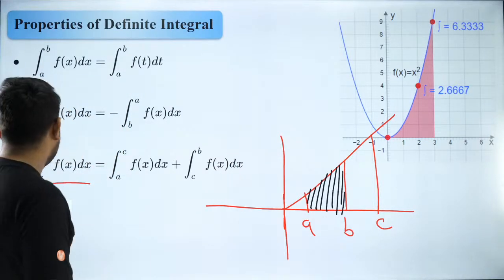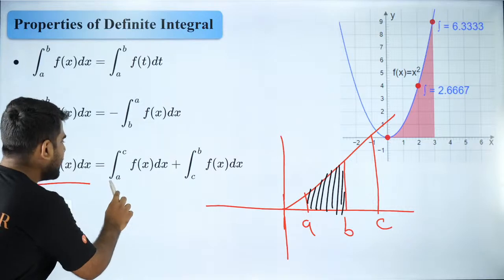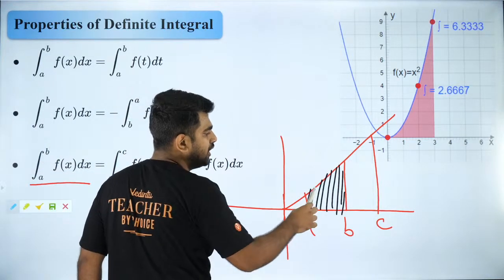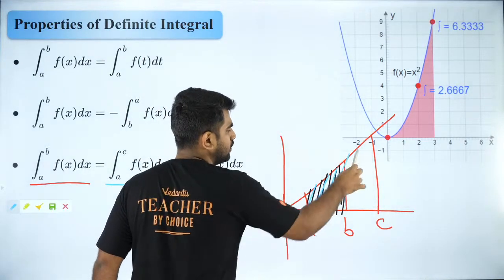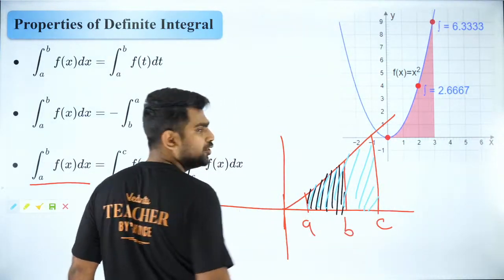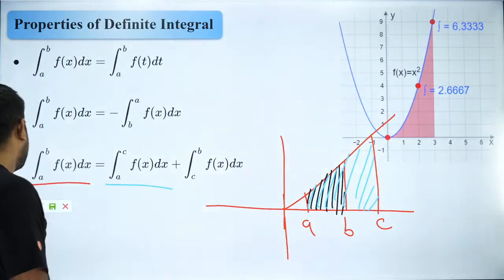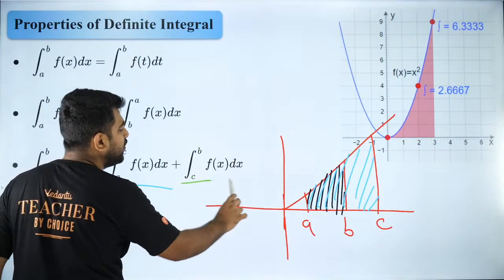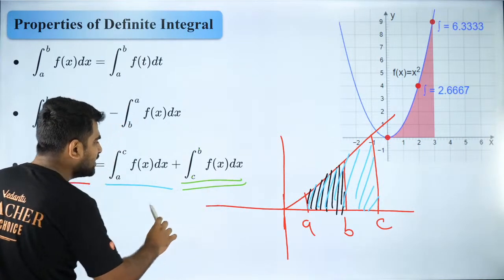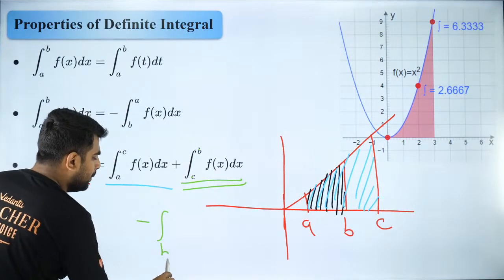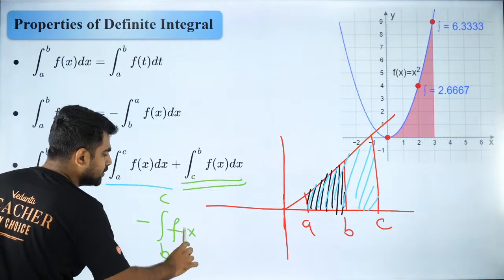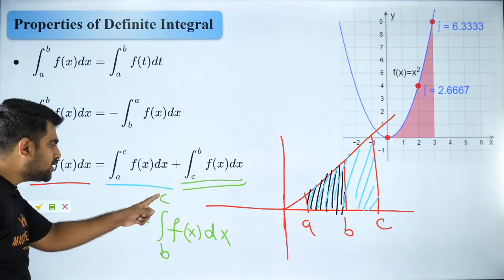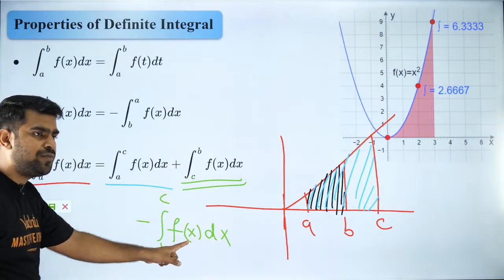Yes. So now, Matthew, let's take A to C f of x dx. A to C f of x dx is going to be this portion. This entire portion, do you agree? And the next one is C to B f of x dx. Can I say that as minus of B to C f of x dx?